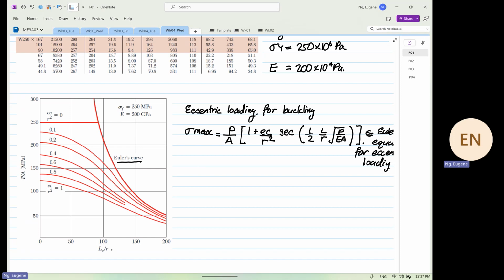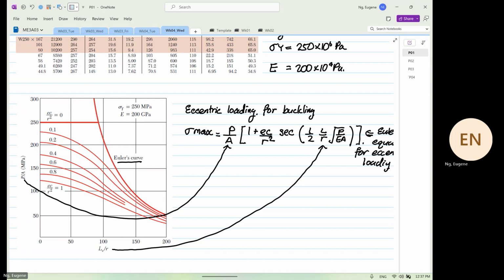So you can see that this is L over r. Another thing you can see is we have our P over A. And another thing you can observe is we have our eC over r squared. So for the individual eC over r squared, you can have 1, 0.8, 0.6, 0.4, 0.2, 0.1, and 0. Right? eC over r squared is equal to 0.